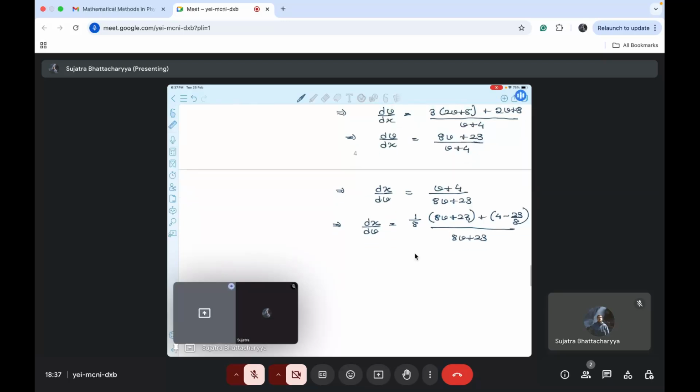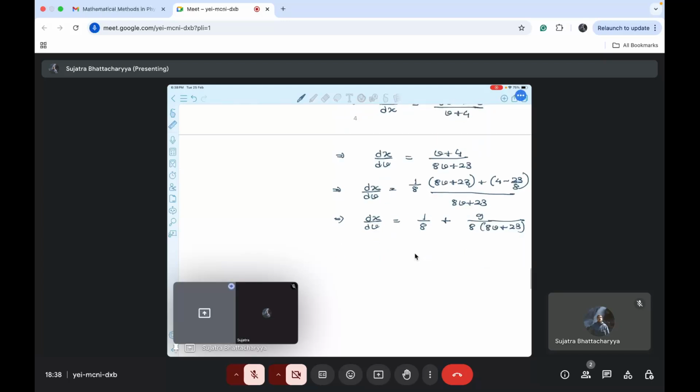So once you get this, you can write dx/dV is equal to 1 by 8 times (8V plus 23), where 8V plus 23 can be chopped off. This becomes 9 by 8 times (8V plus 23). That's what you get, correct?